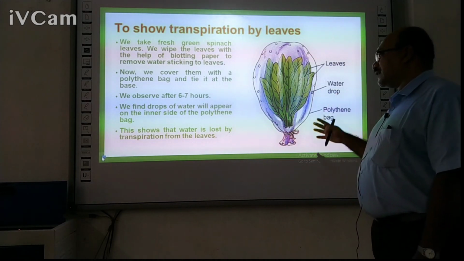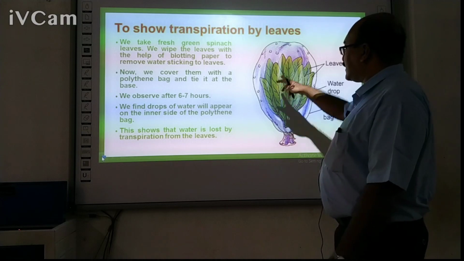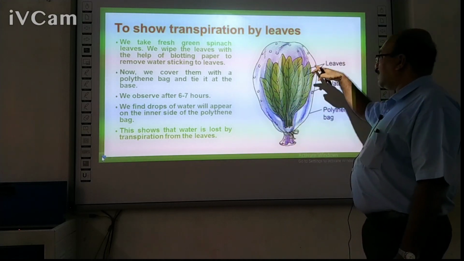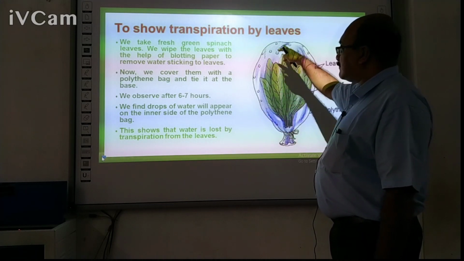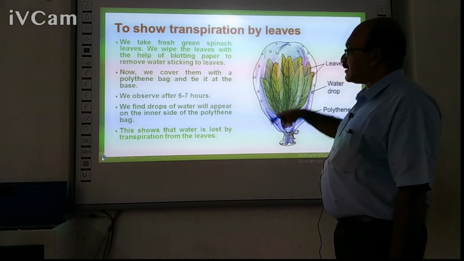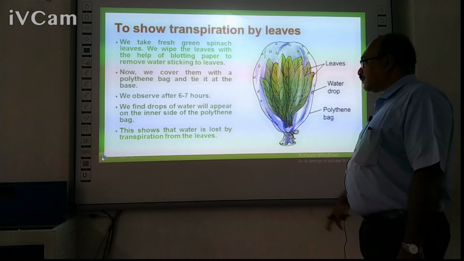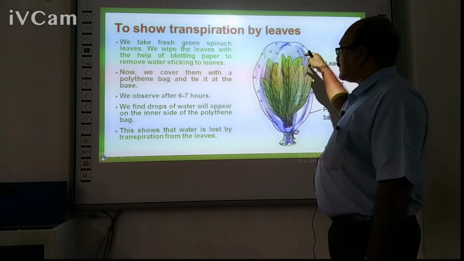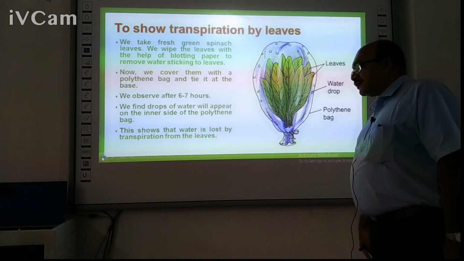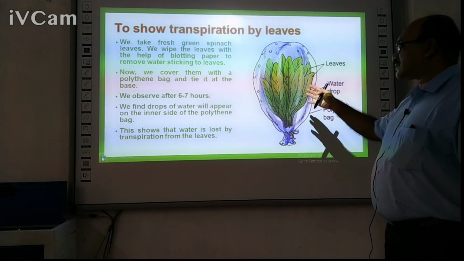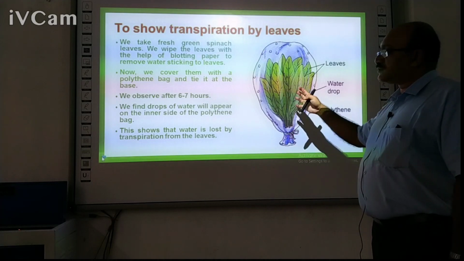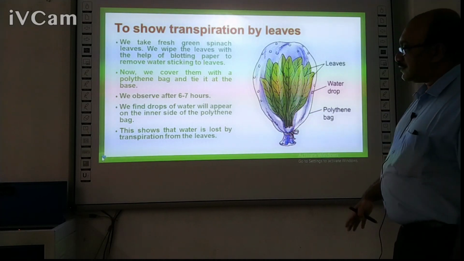After a few hours, we will find that in the inner portion of the polythene bag, some droplets of water are collected. From where have these droplets of water come inside the bag? The leaves were wiped dry. So, surely it has come from the tissues of the leaves.